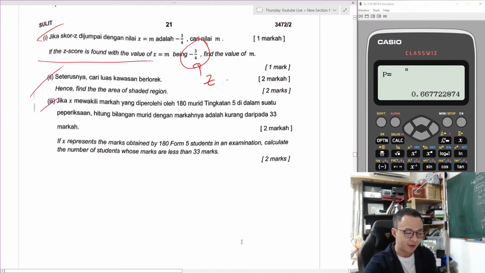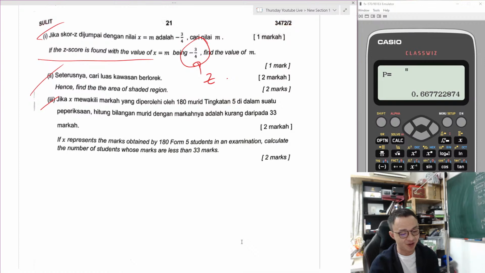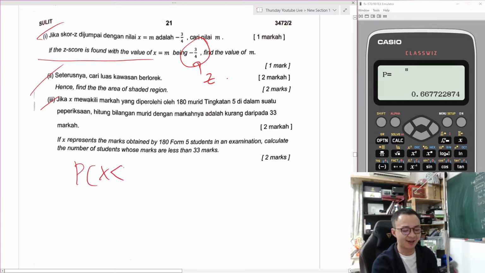If x represents the marks obtained by 180 students in the examination, calculate the number of students whose marks are less than 33. So x will be less than 33 marks. I will do the same thing, change them into z first.